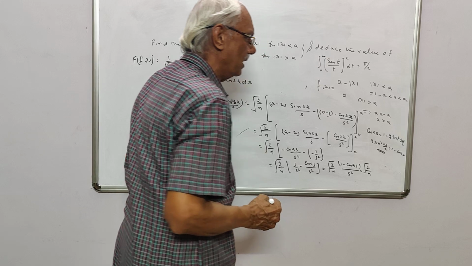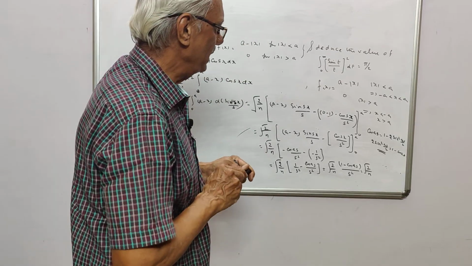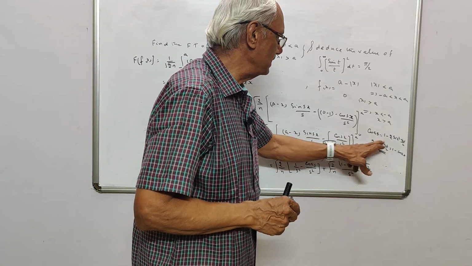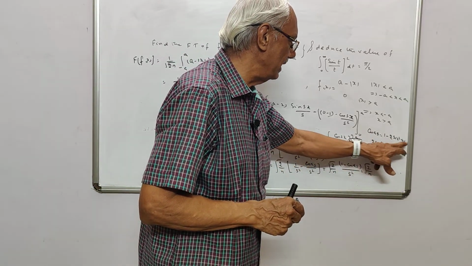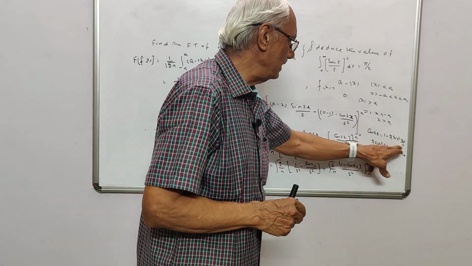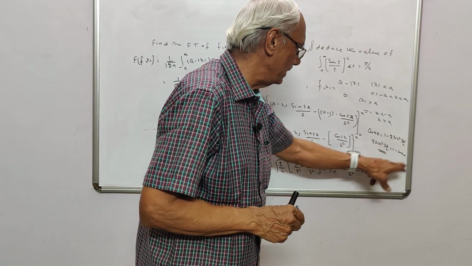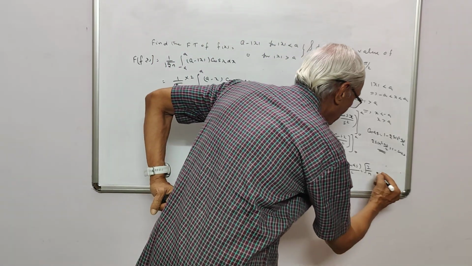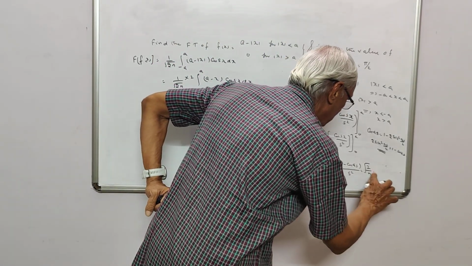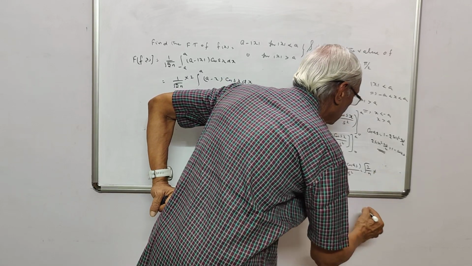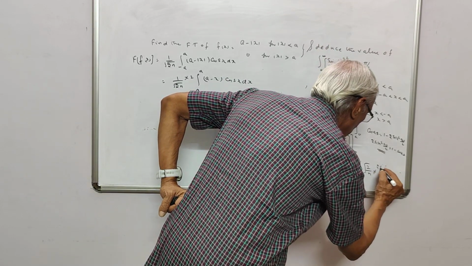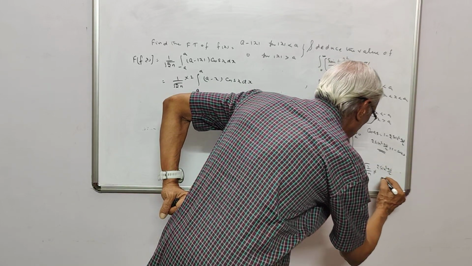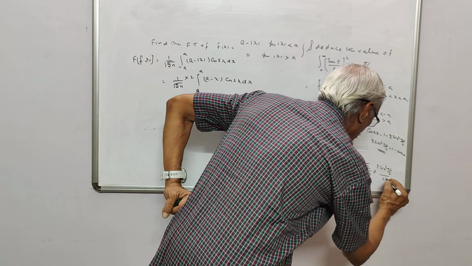I am using the formula cos 2x is equal to 1 minus 2 sine squared x. So cos as is equal to 1 minus 2 sine squared as by 2, and the value of 2 sine squared as by 2 is equal to 1 minus cos as. So this can be written as 2 sine squared as by 2 divided by s squared.